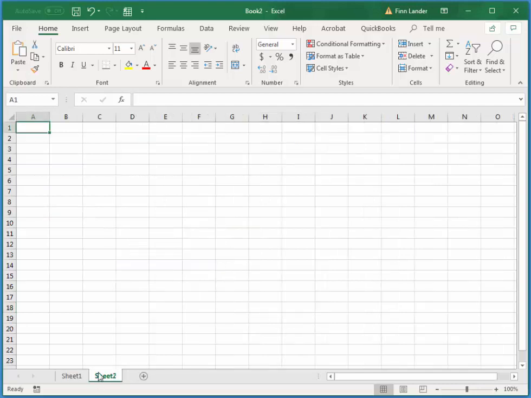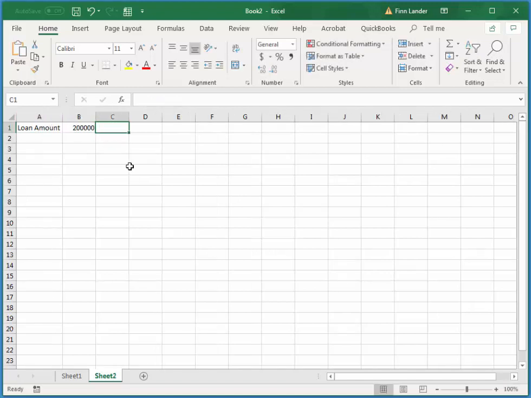So I'm going to quickly create a new sheet here. I'm going to use a loan amount of perhaps $200,000. And presently, bank interest rates are around 3% for a mortgage or something like that.